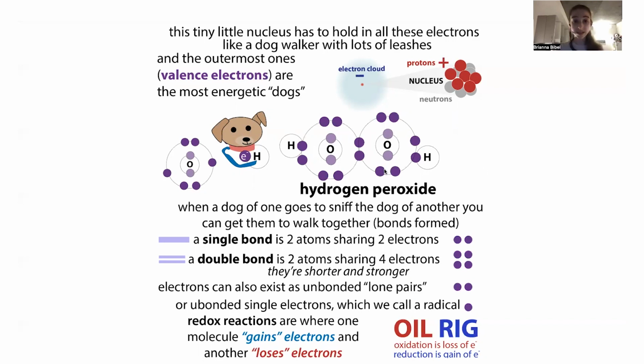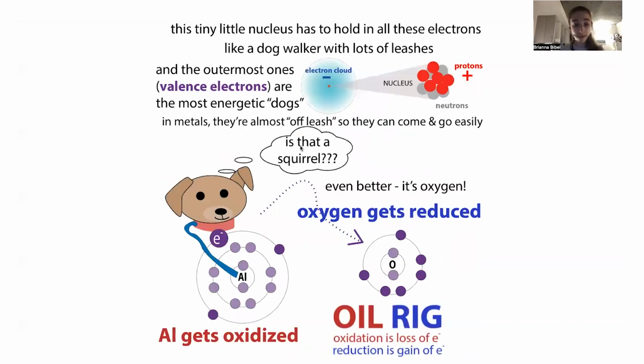If you think of oxygen hanging out, remember it had 6, it wants 8 in that outer shell, and so it can share one each with a hydrogen or with another oxygen, and this is going to give it that full outer shell. And so win-win, right? But it's not an even share when it's sharing with this hydrogen.